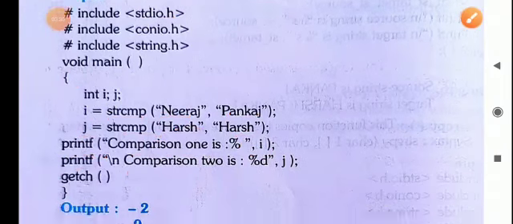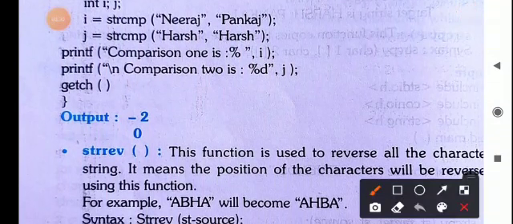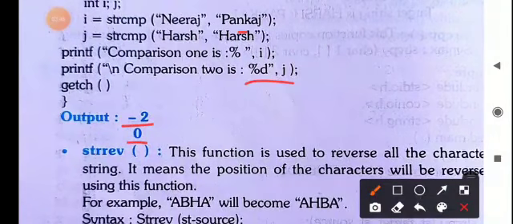And now at the end it is written getch. So here you can see -2, because char1, Neeraj, is less than Pankaj, so it is -2. And then 0, that is both are equal, Harsh and Harsh, so it will return 0.